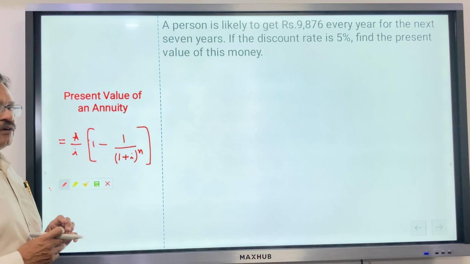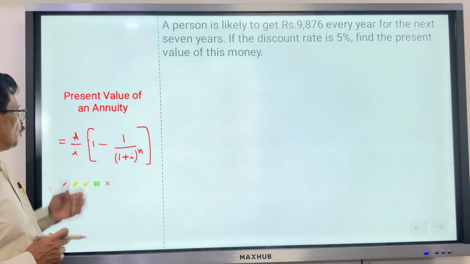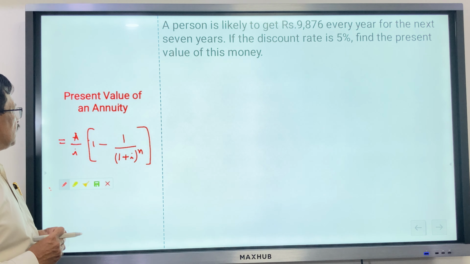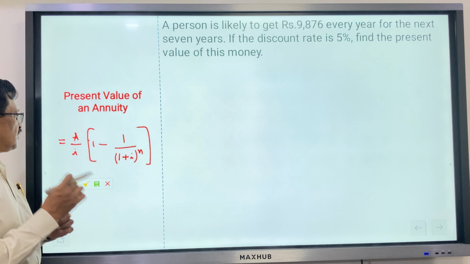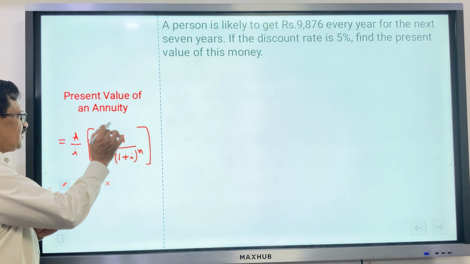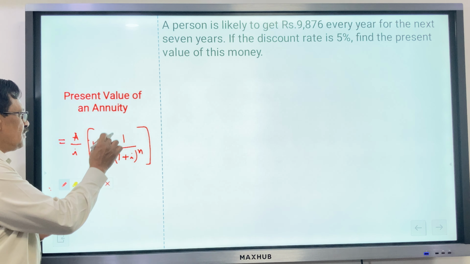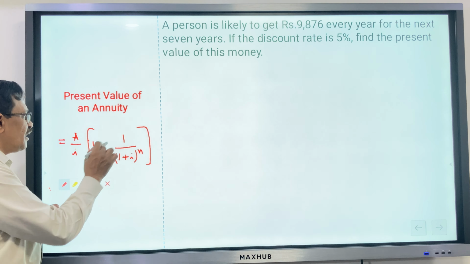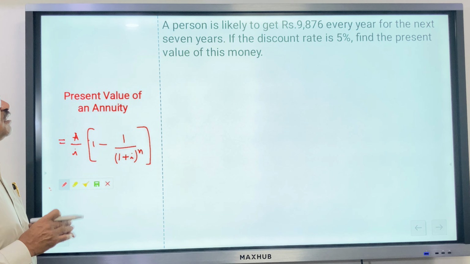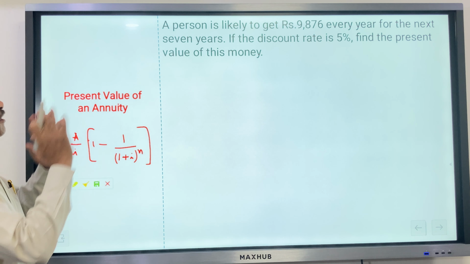The present value of annuity can be computed by using this formula, which says that present value of annuity is equal to A divided by I into 1 minus 1 divided by (1 plus I) whole power of n. Let us use this formula to calculate the present value of annuity for this particular problem.